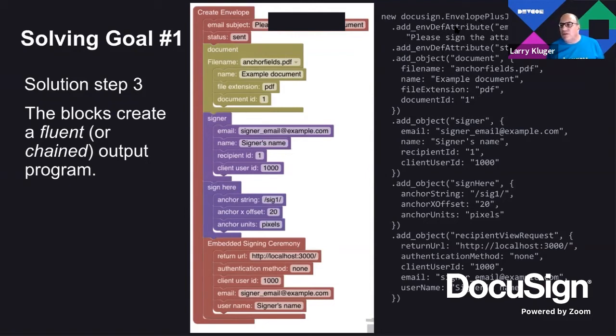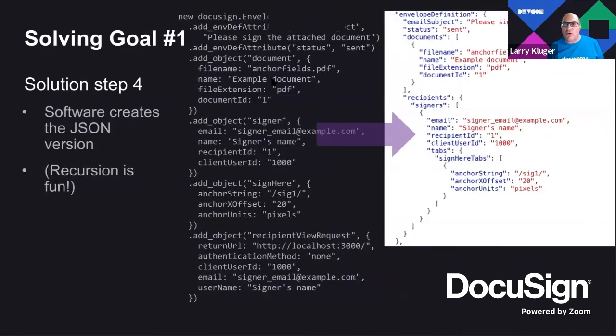So add envelope definition attribute is called on this object, and then it returns the object, and then it can be done again or call the add object method. Okay, so then what happens is that all of this gets fed into a program, which then spits out the JSON version. And that involves quite a bit of recursion. So all of this is open source, by the way, so you can see how it all works if you wish to.